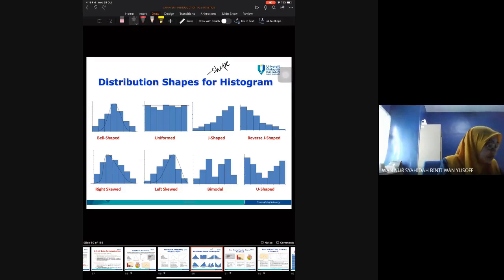You will get either bell shape, which is symmetric, uniform, J shape, reverse J, right skewed, left skewed, bimodal, and U shape. Based on your data and your histogram, try to find the closest pattern among these 8 common patterns.